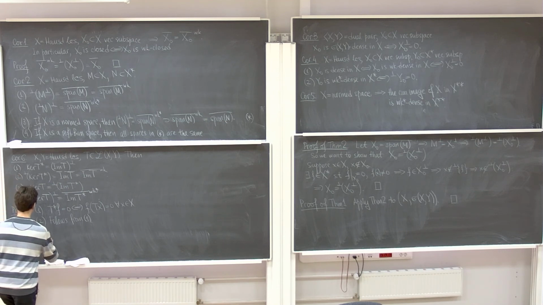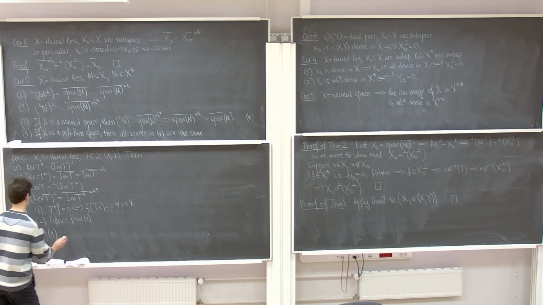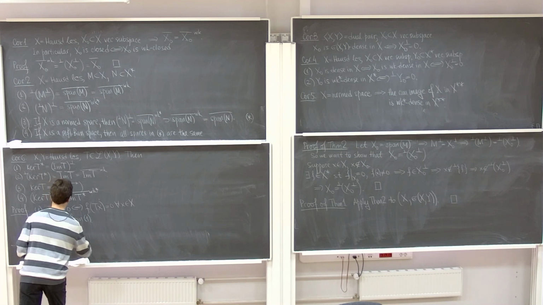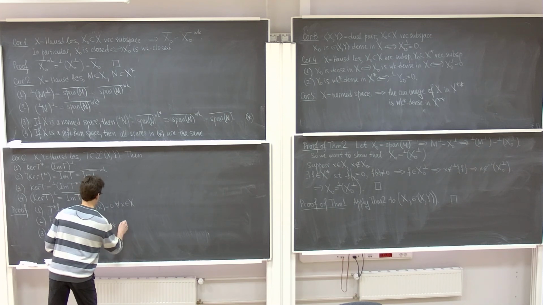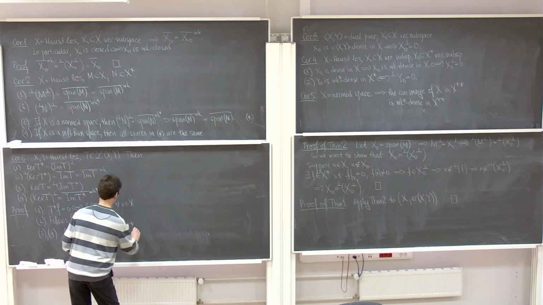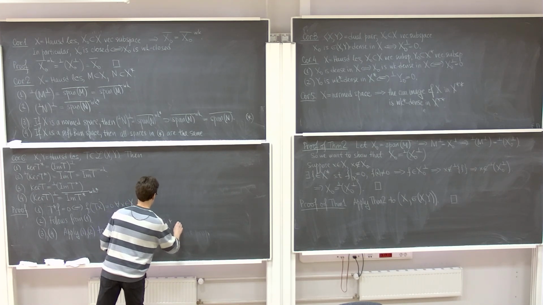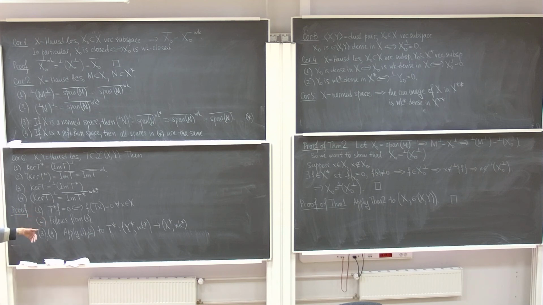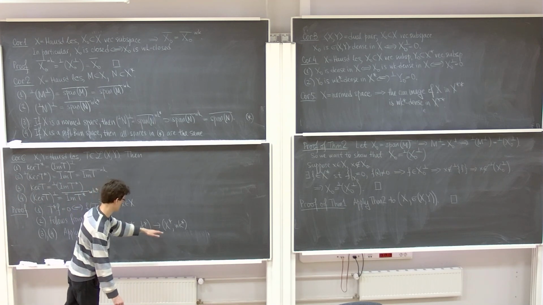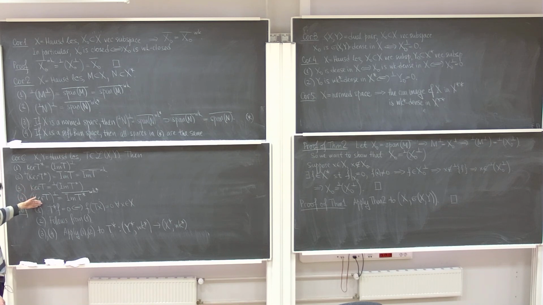And now to get 3 and 4, the easiest way is to apply 1 and 2 to the dual operator, the operator T star acting between the weak star dual spaces. So we know that if we consider T star with respect to weak star topologies, then the dual of T star will be T. And so 3 and 4 readily follow from 1 and 2.